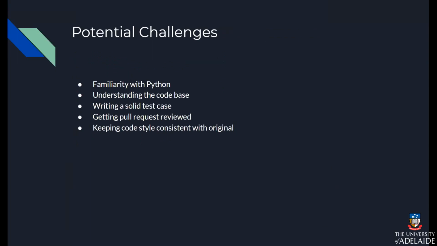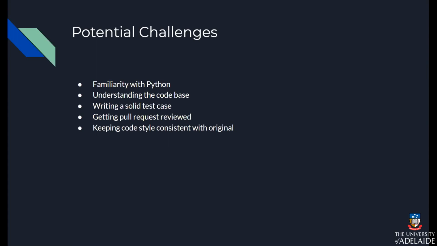Potential challenges will first be our familiarity with Python. Several of our group have had no experience with Python, and a few of us have had very minor experience. So this will lead into us trying to understand the code base. Since we are not too familiar with Python, we'll have a bit of a challenge understanding the existing code.